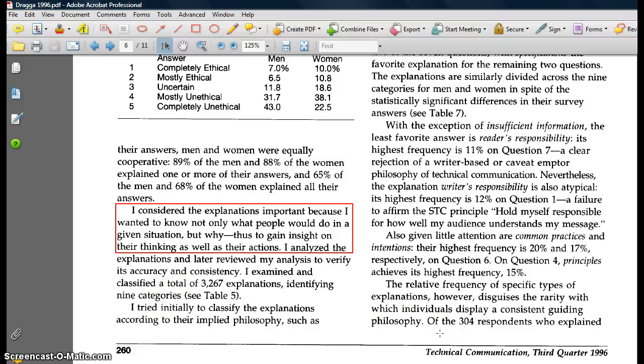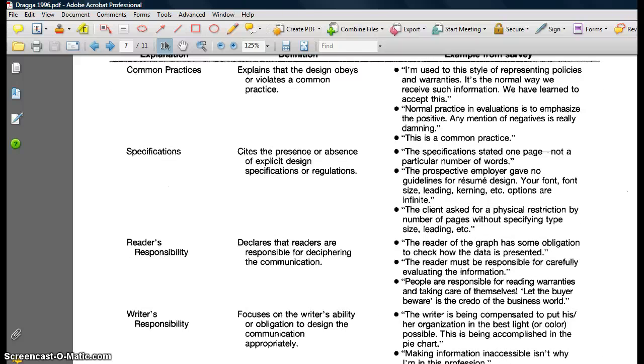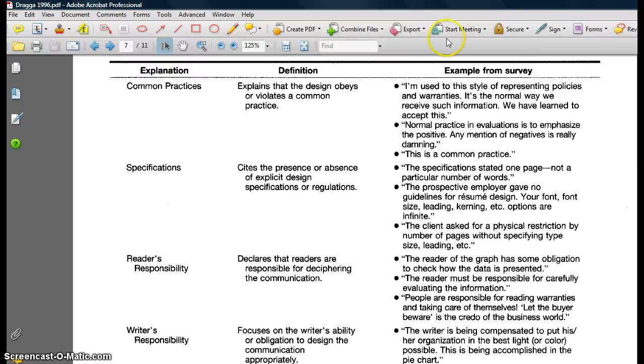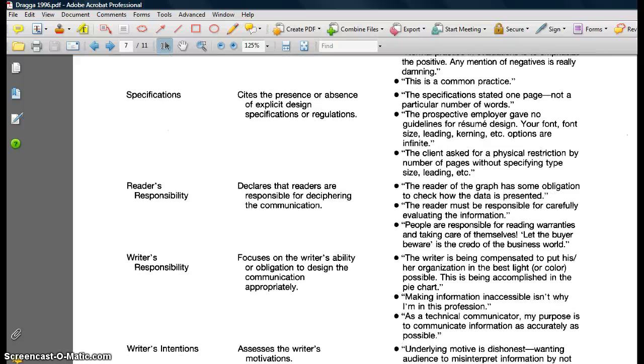So he talks about how he did that in the next part, but right now he's talking about the qualitative aspect. He pulled out some of the examples in a chart so you can see what some of the people had typed up as they answered his survey.